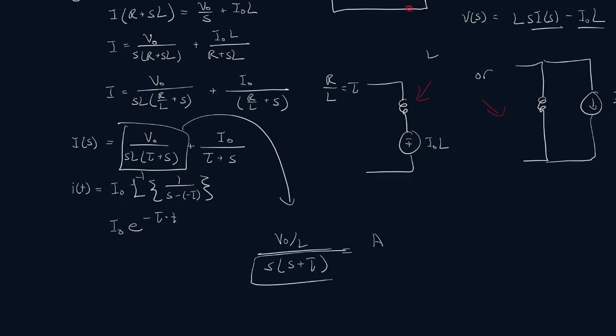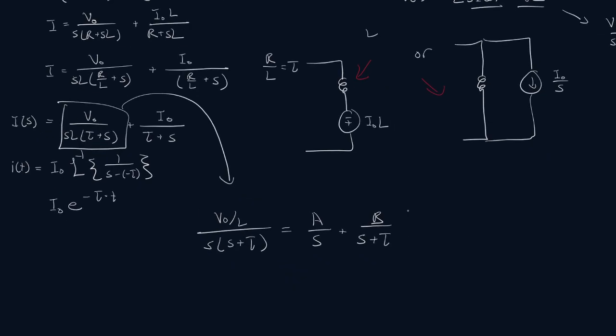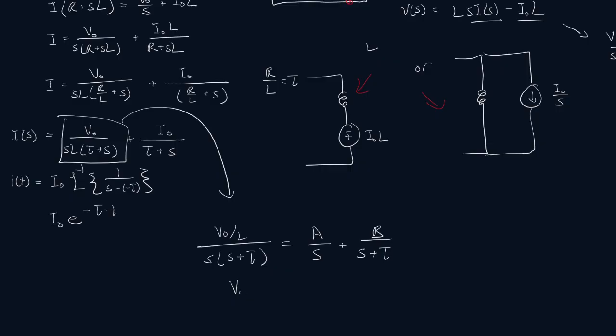There, so that way this looks more neat. So it'll be A over S plus B over S plus tau. Okay, so times everything by S times S plus tau. So we get VO over L is equal to A times S plus tau plus B times S.